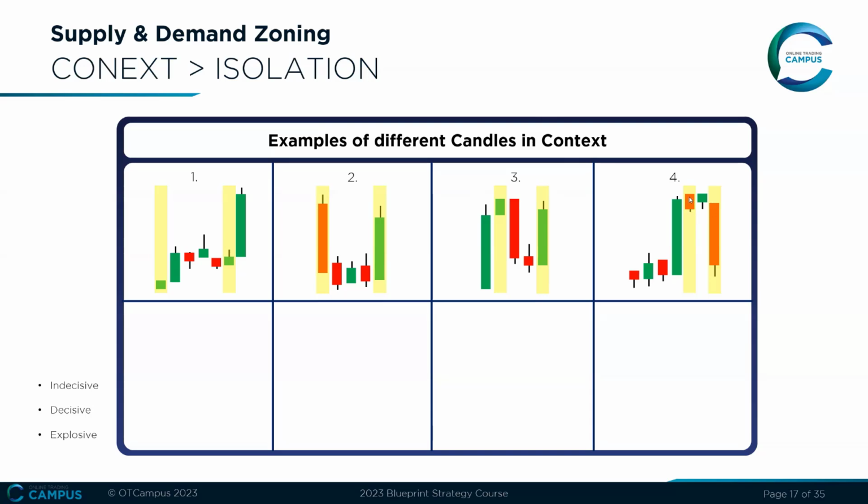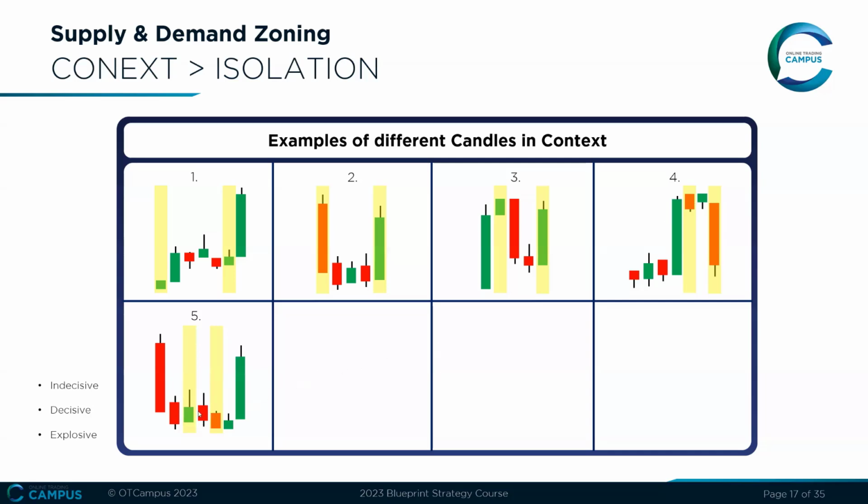This one, even though in terms of the body to range ratio it could be scientifically seen as a decisive candle, I would argue this is the decisive candle, and this is the indecisive candle, even though the body to range ratio is exactly the same potentially. We can see that this candle is much larger, and therefore the willing sellers here are clearly in control, versus here they may not be that much in control.